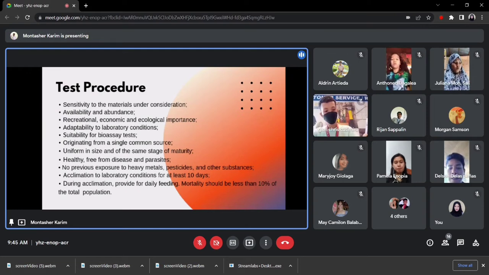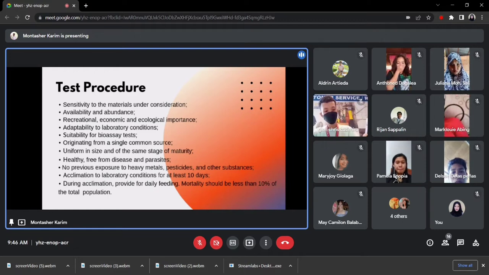And next is the test procedure. So these are the criteria for selecting and preparing test animals. First is the sensitivity to the materials under consideration. Second, availability and abundance, recreational, economic, and ecological importance. Adaptability to laboratory conditions. Suitability for bioassay tests, originating from a single common source.